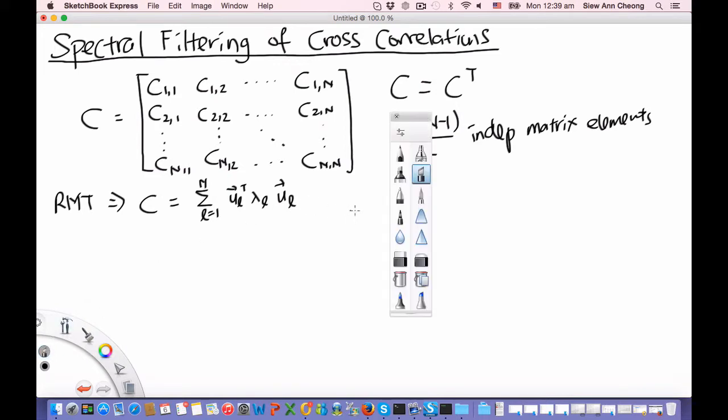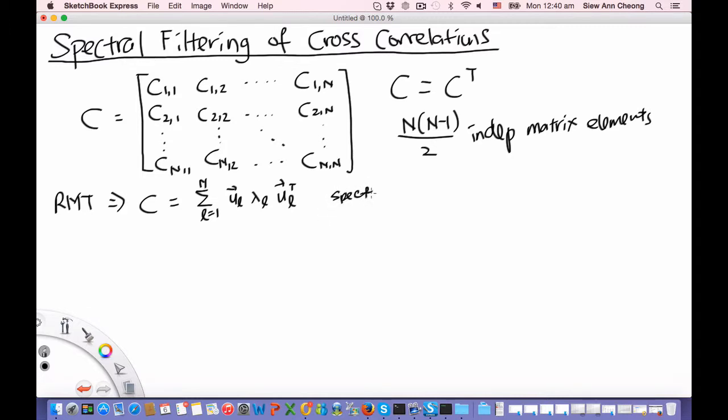The transpose should be on the other side to give us a matrix. So this is the spectral decomposition of the correlation matrix.